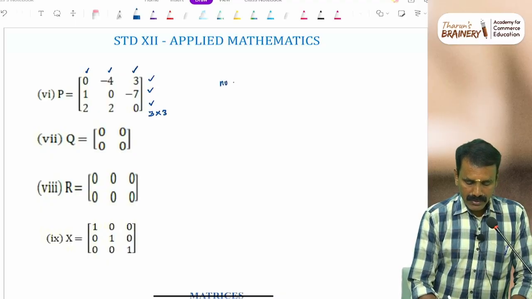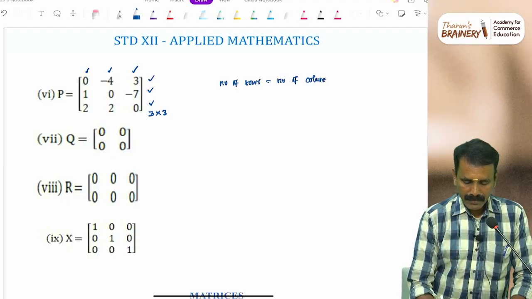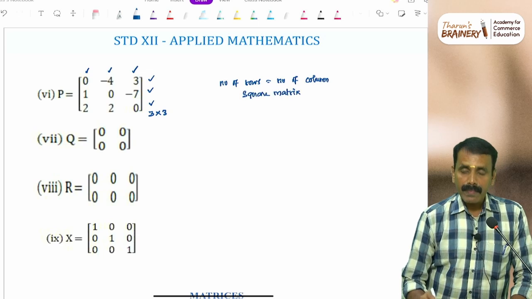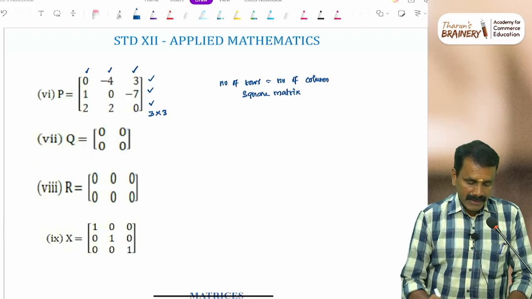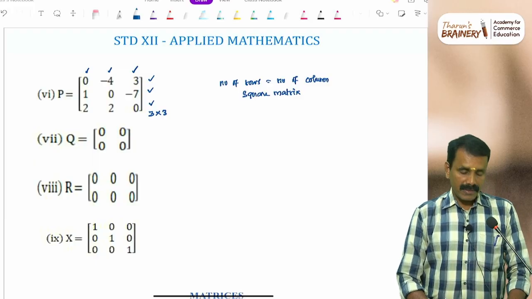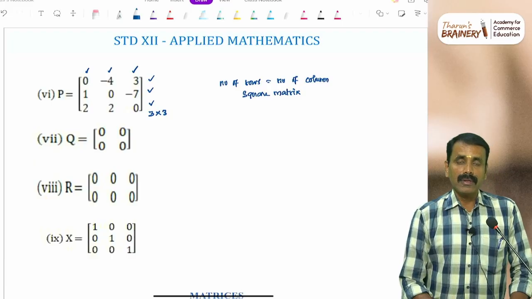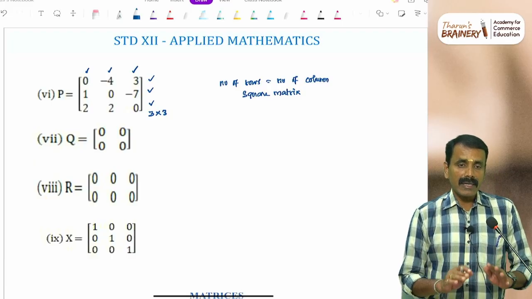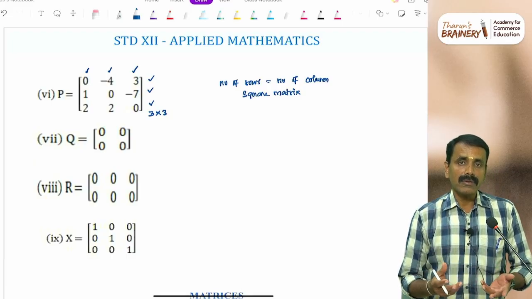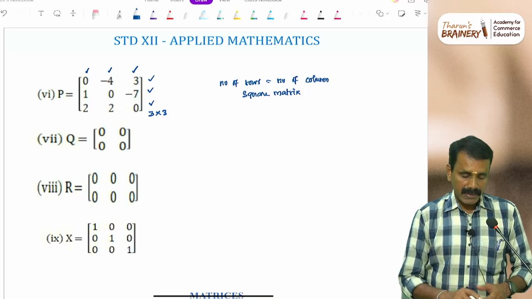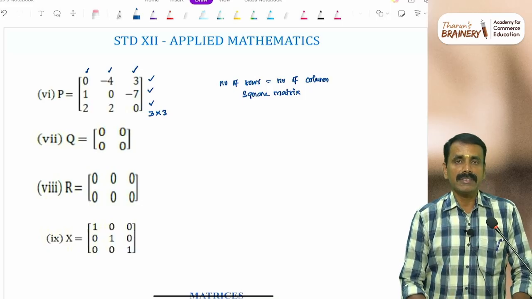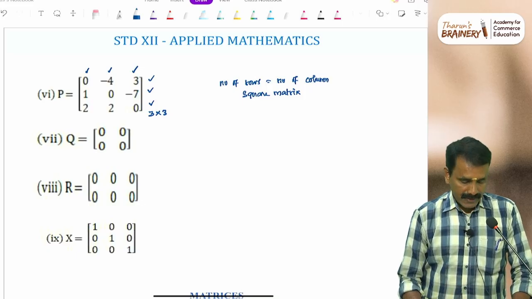So, number of rows is equal to number of columns. Therefore, it is a square matrix. In this square matrix, is there any specialty? Nothing. Here the leading diagonal elements are 0. If the leading diagonal elements are not 0 and the other elements are 0, then we call that a diagonal matrix. But this is not given a special name. It is just a square matrix.